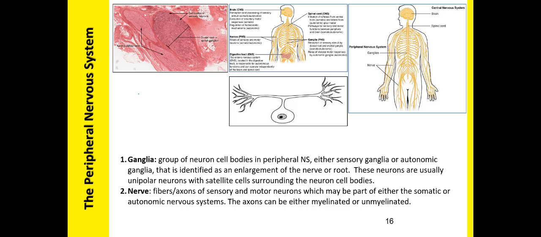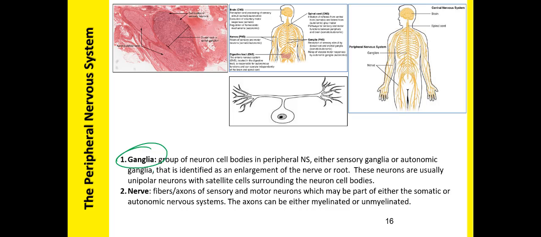When we go to the peripheral nervous system, we also have cell bodies, and we also have axons. But while groups of cell bodies in the central nervous system are called nuclei, in the peripheral nervous system a bunch of neuron cell bodies are called ganglia.